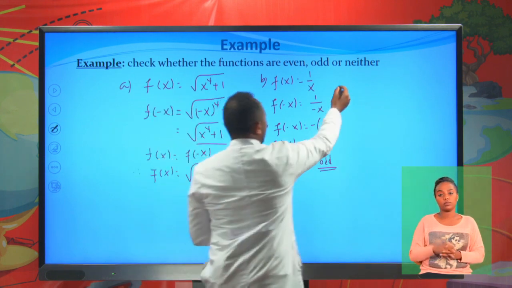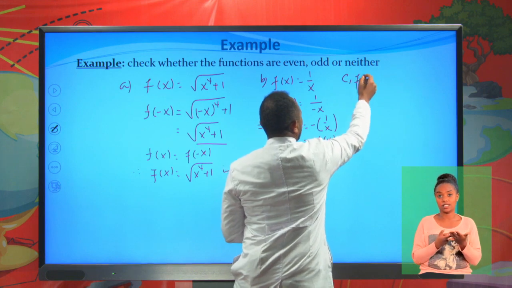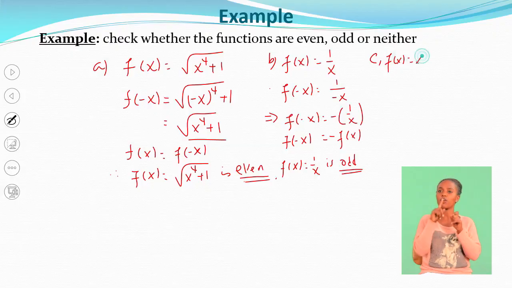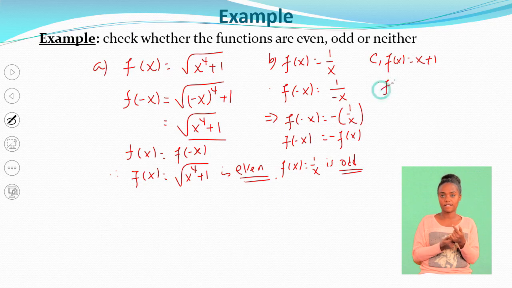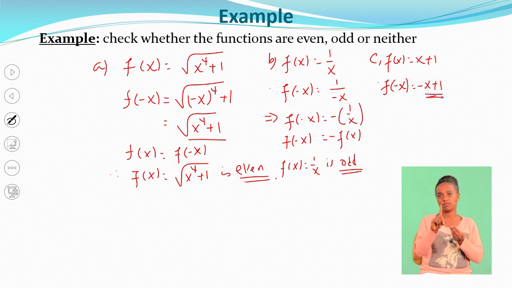If you see this one, f of x is equal to x plus 1. Let's find f of negative x, which will be equal to minus x plus 1. So, these two functions, f of x and f of negative x, are not equal. They are not even opposite.